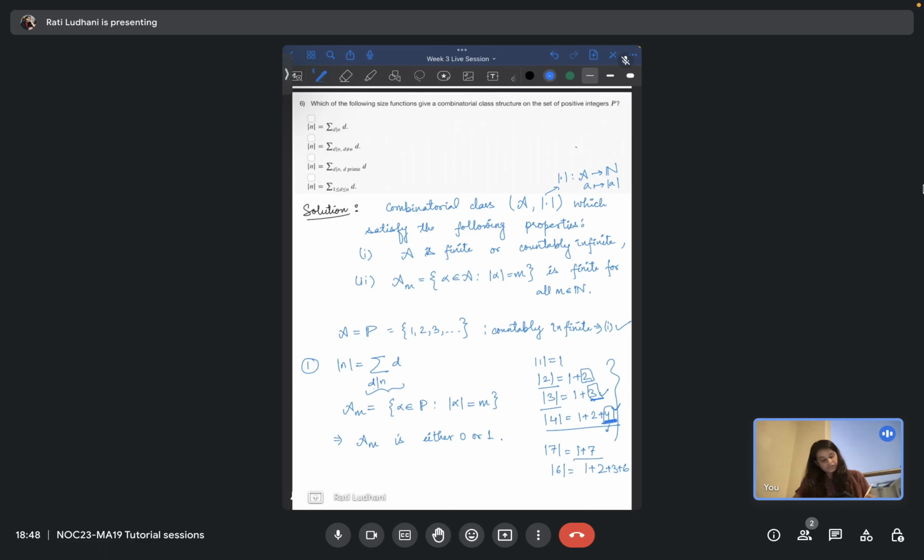So the cardinality of 7 is definitely bigger than 6, right? Sorry, the other way around. So this is bigger, so this is not an increasing sequence, not always increasing, my bad.